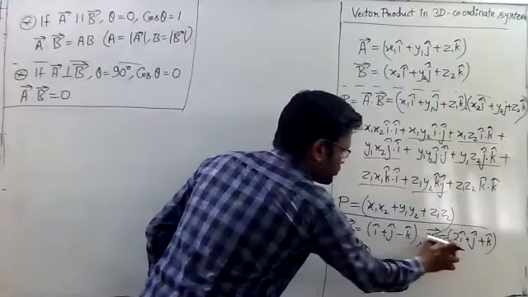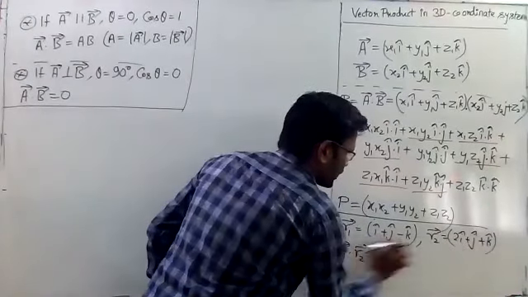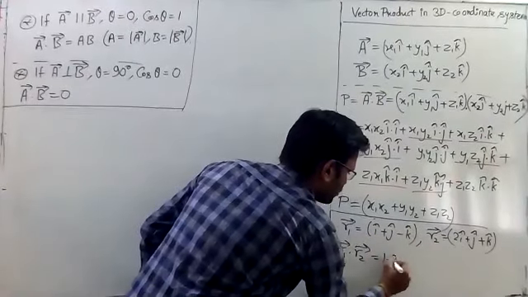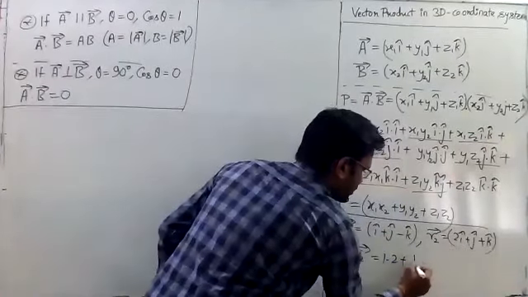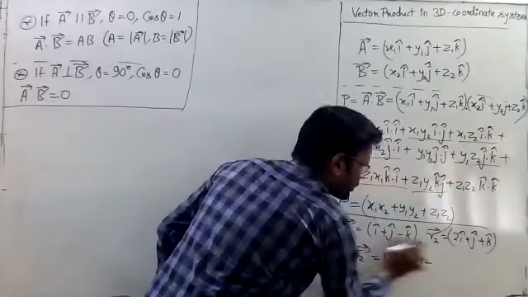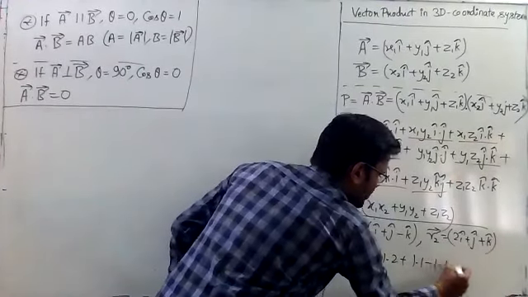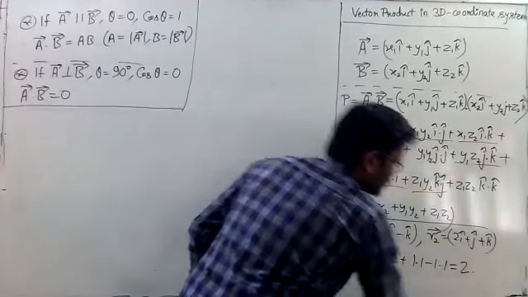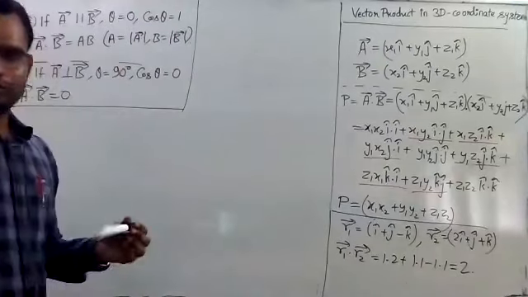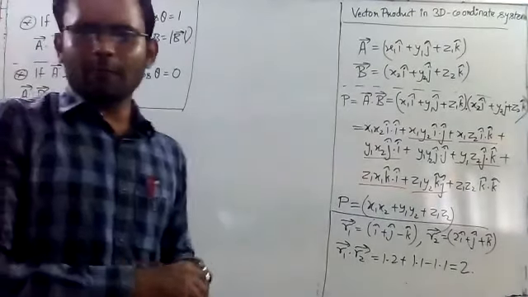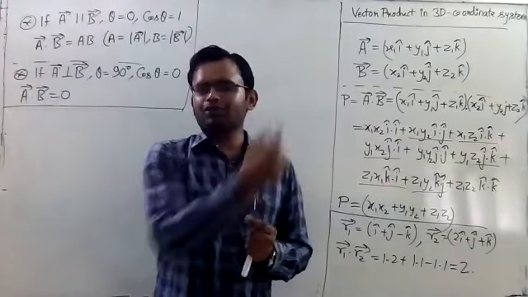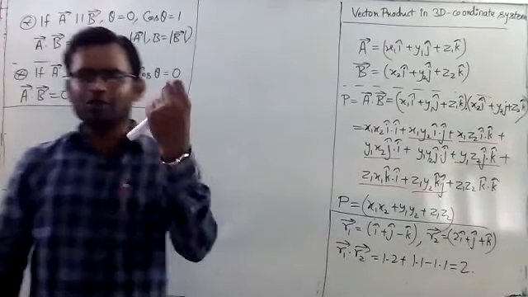Directly X1, X2 plus Y1, Y2 plus Z1, Z2. So 1 into 2 plus 1 into 1 minus 1 into 1, that is 2 plus 1 minus 1, that is 2 is the value. Just multiply the coefficient of x with x, y with y, z with z; coefficient of I with I, j with j, k with k.